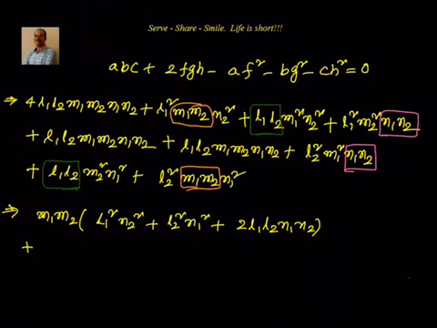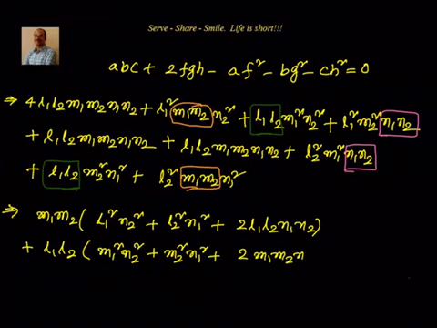Similarly, the next one what I can do is, now I can take L1 L2 common. If I take L1 L2 common, I have M1 square N2 square, M2 square N1 square, and I can take again 2 more from there. So it will be M1 square N2 square plus M2 square N1 square plus 2 M1 M2 N1 N2.